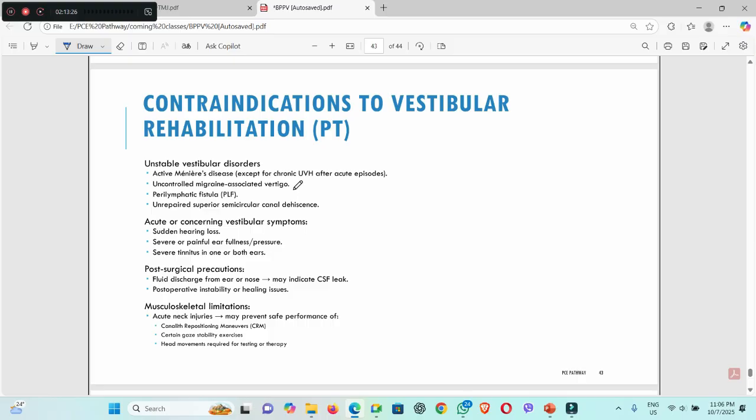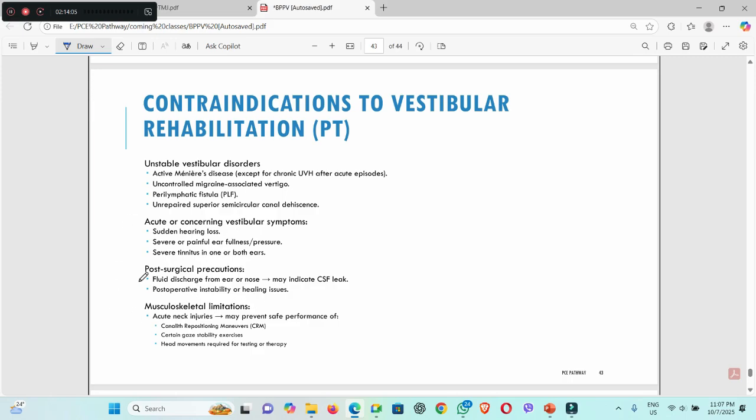Uncontrolled migraine associated vertigo, perilymphatic fistula, unrepaired superior semicircular canal dehiscence, acute or recurring vestibular symptoms, sudden hearing loss, severe or painful aural fullness or pressure, severe tinnitus in one or both ears, post-surgical precautions, fluid discharge from ear or nose that could be CSF leakage, post-operative instability or hearing issues. We're not going to perform vestibular rehabilitation in these patients.